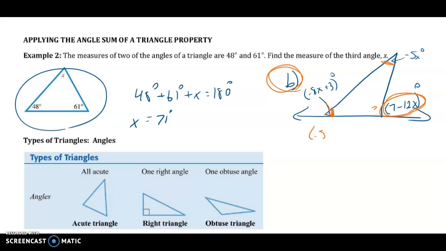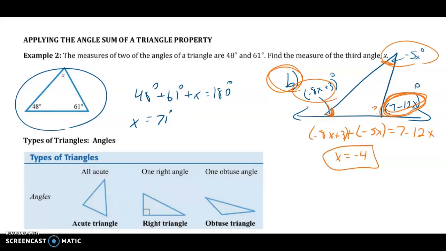I'm going to add the two given angles of the triangle, and that is going to equal this one up here, and then solve for x that way. So x equals -4. You can also add these two up and subtract from 180, and then these are supplementary, but using the exterior angle theorem is probably the fastest way to get there.